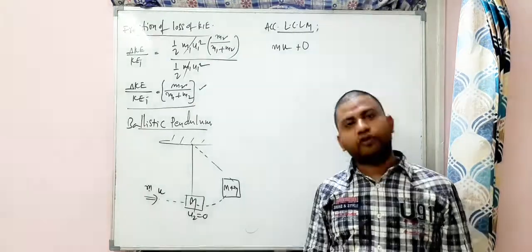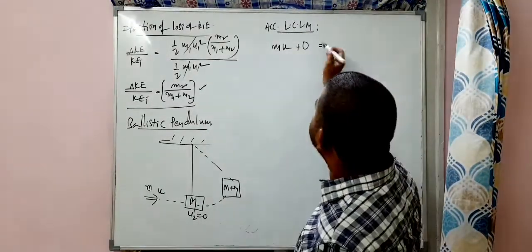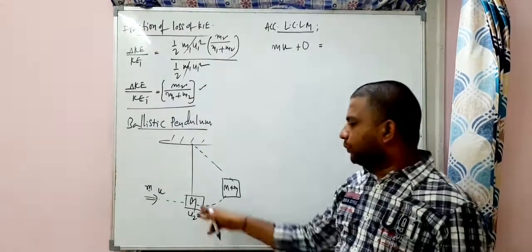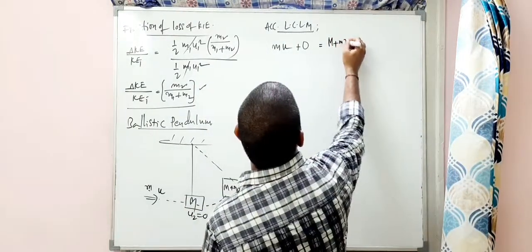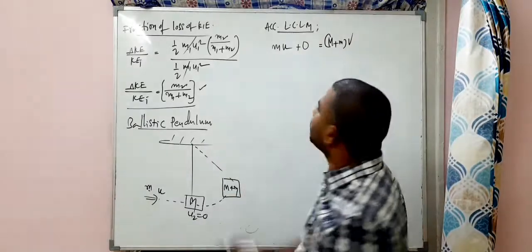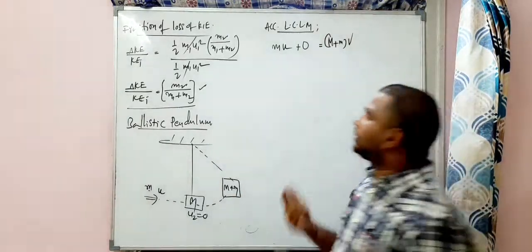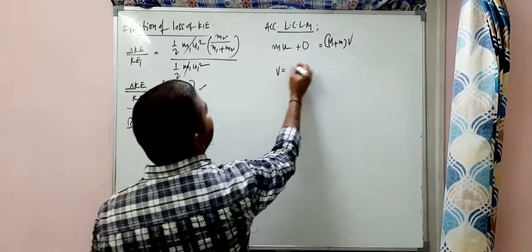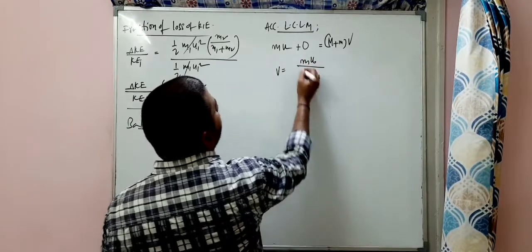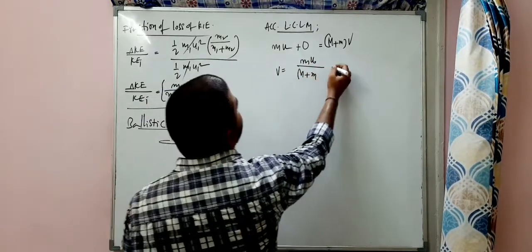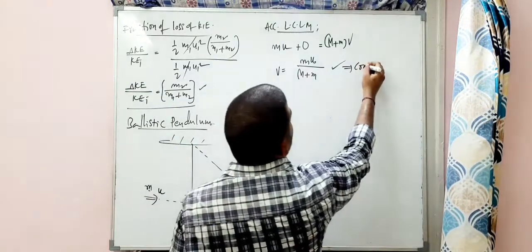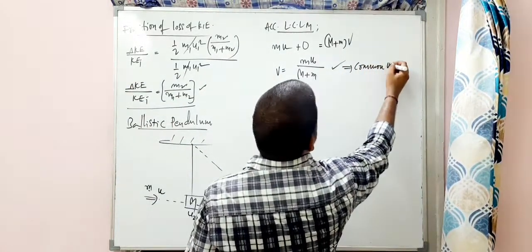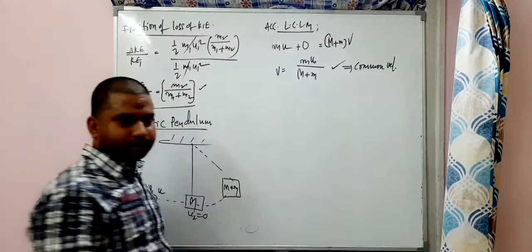After the collision, both the bodies are sticking together, so M plus m into V, moving with a common velocity. Now we get the common velocity formula: m into u by capital M plus small m. This is the common velocity formula in this case.